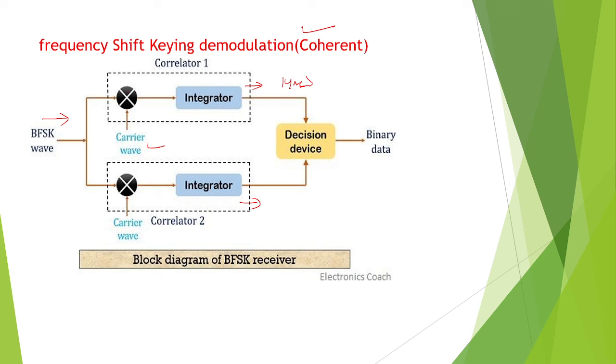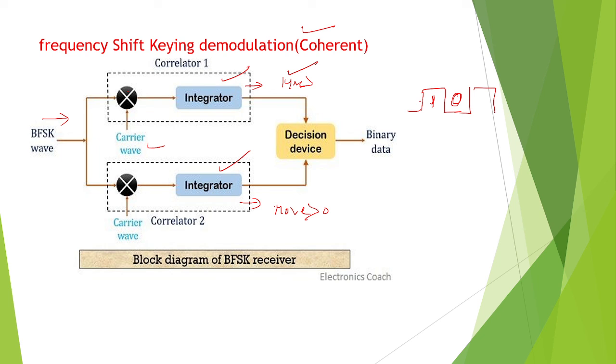If it is more, then the decision device will decide in favor of binary output 1, if there is more correlation. Or else, if integrator 2 generates more output compared to integrator 1, it will take the decision in favor of binary input 0. So based on the amplitude of the integrators, we can decide whether it is binary input 1 or binary input 0.